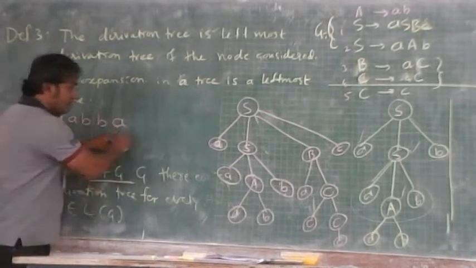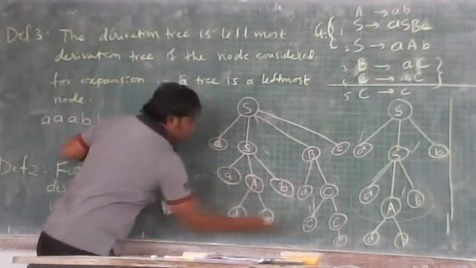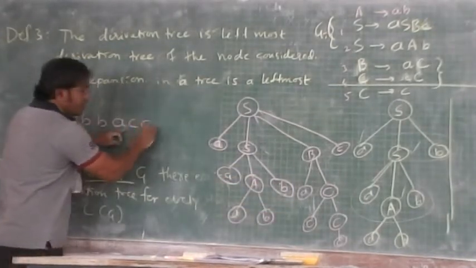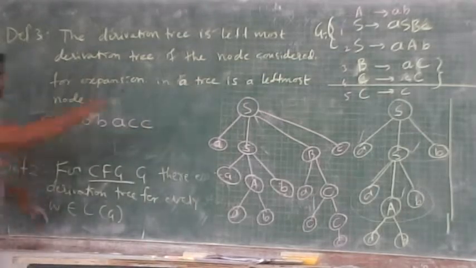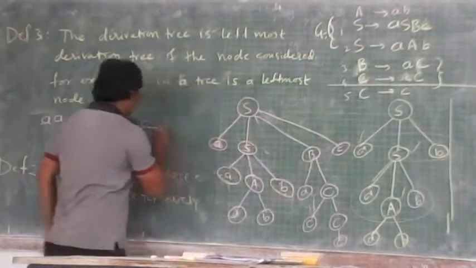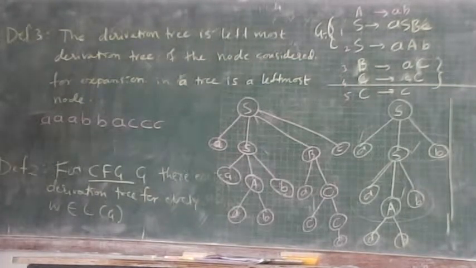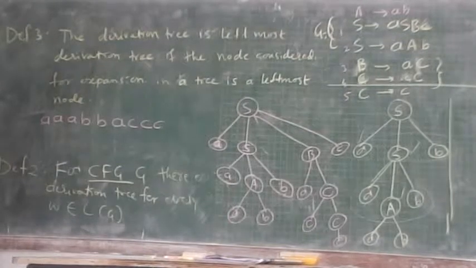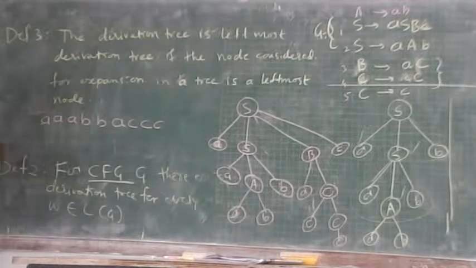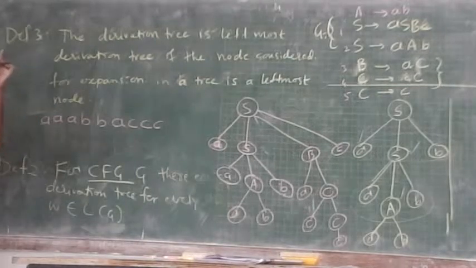A is there, then C, then C, and one more C is there here. This is the yield of my derivation tree, and most importantly, this derivation tree is a leftmost derivation tree because during expansion of tree nodes, I consider the leftmost variable every time.